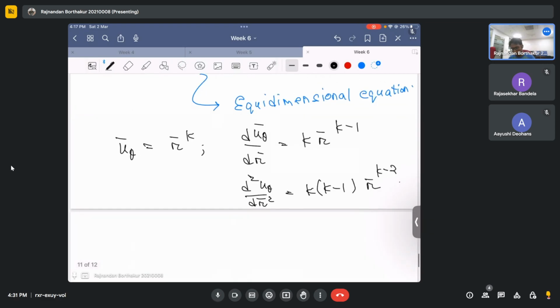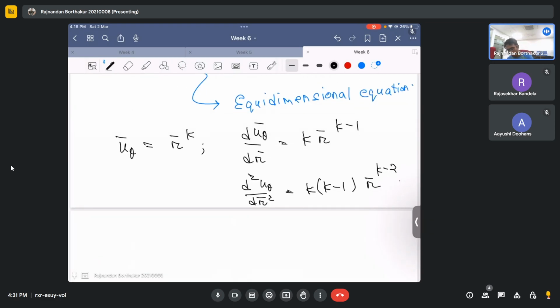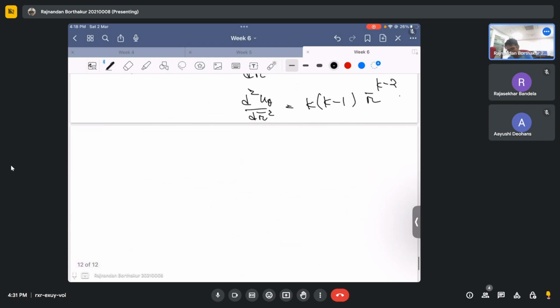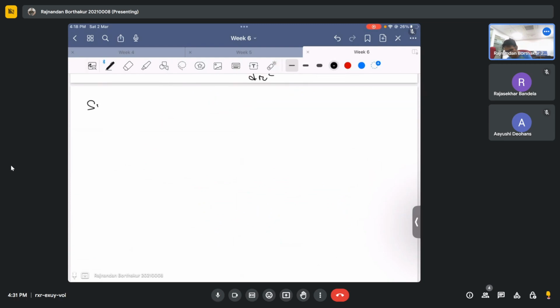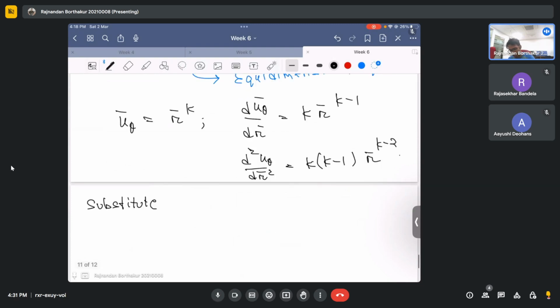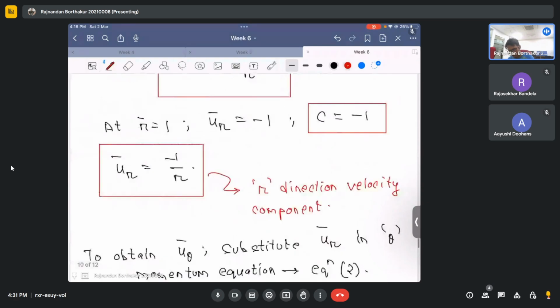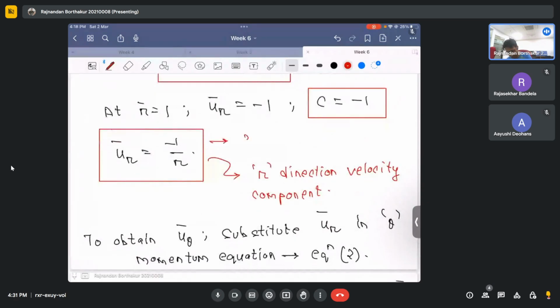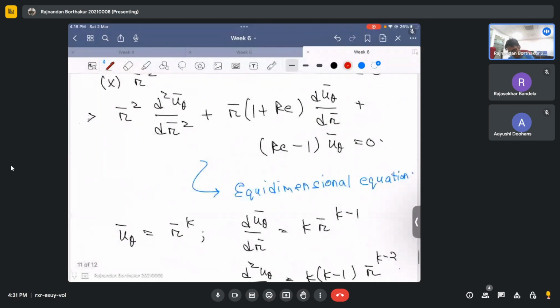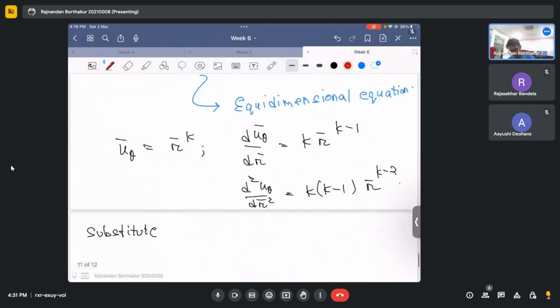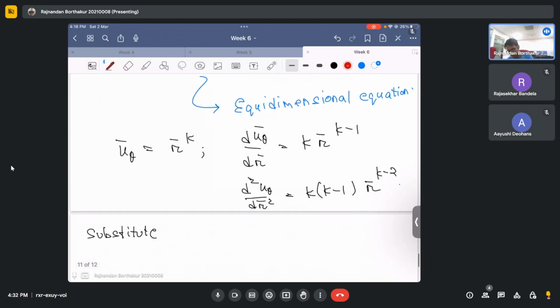All right, so what we need to do is substitute this into this equation. Let's name this equation 3 and this equation 4.